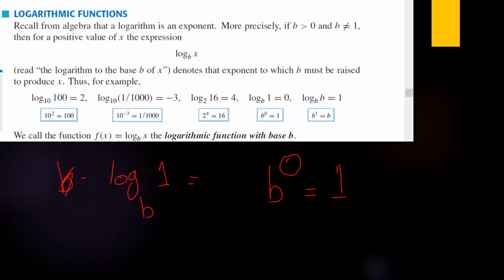I raise it to the power 0. b to the power 0 is 1. We call it the zero exponent: any number raised to the power 0 gives 1.